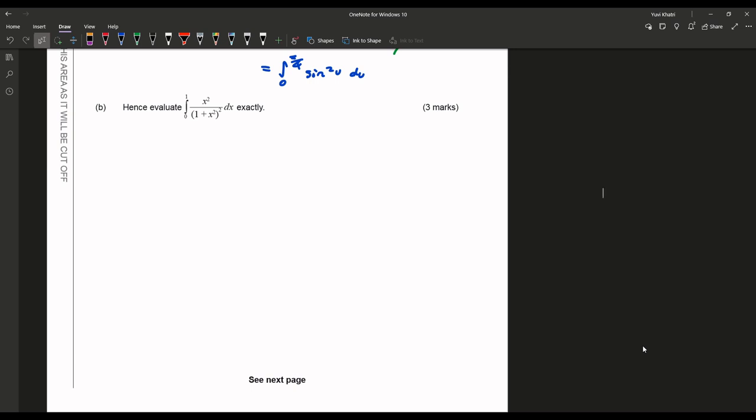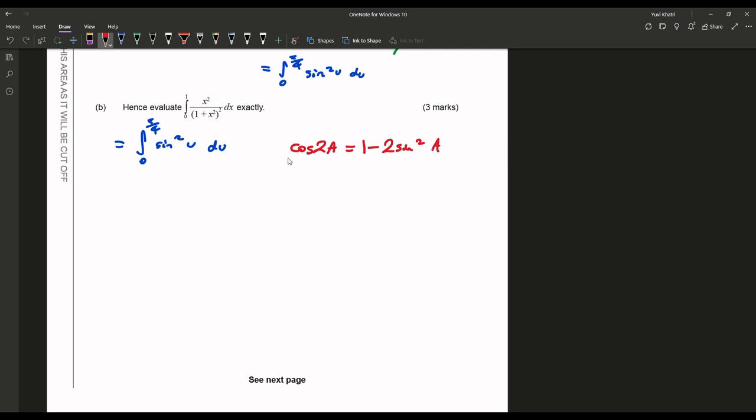Okay, now part B tells us to evaluate the integral. First off, from part A, we know that it's equal to the integral from 0 to pi over 4 of sine squared u du. Now, we don't know the integral of sine squared u exactly, so we're going to use a trig identity: cos 2a equals 1 take 2 sine squared a.